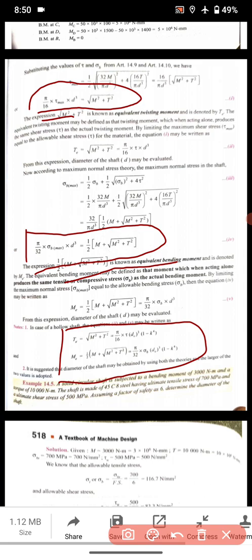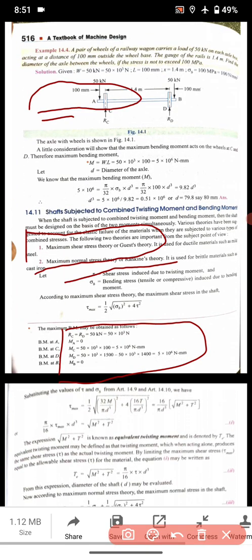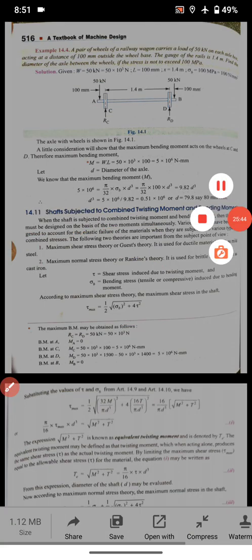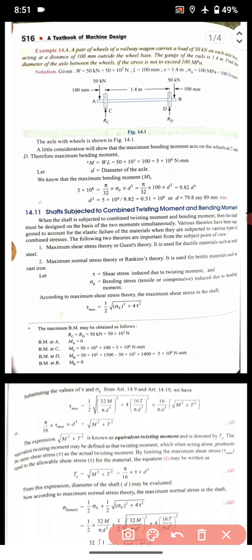Okay, so these are the questions which may come in your MCQ. This small question may also be asked in the examination in MCQ, so you may prepare for that.